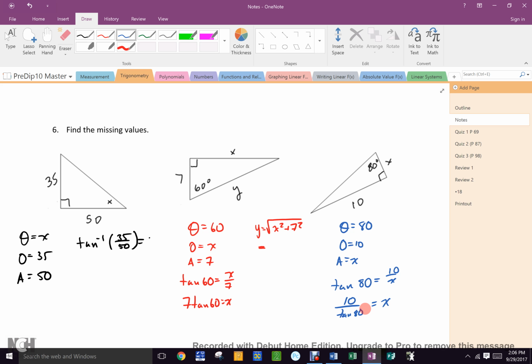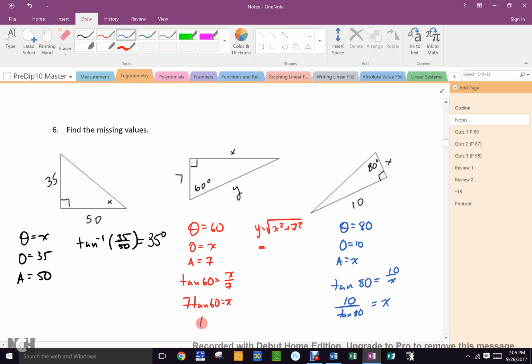Sam, what is the first theta? 35 degrees. Oh, magic. What's X? 12.